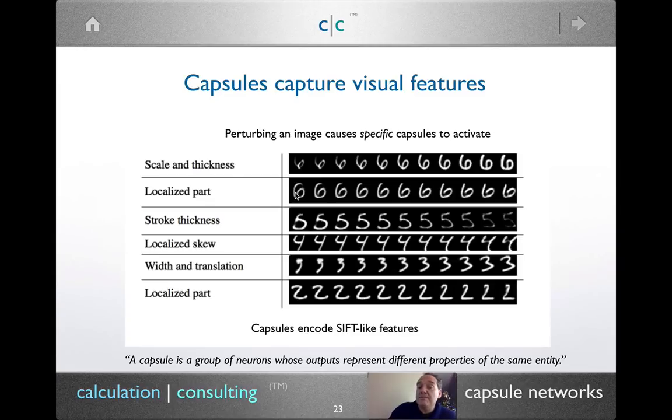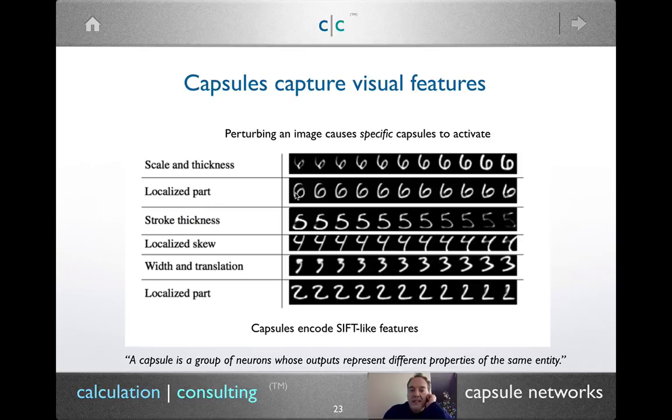Now these vectors don't just capture orientation. The values of the vectors capture different kinds of information. And we know this because we can take an image that we feed in, and we can perturb it a little bit. We can change its scale and thickness. We can localize part of it. We can change the thickness of the stroke. We can skew it.